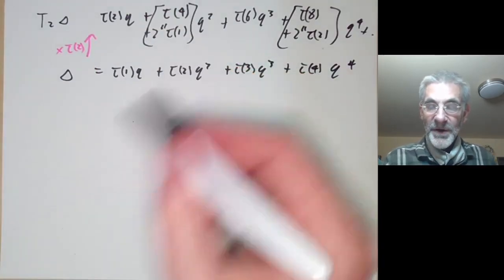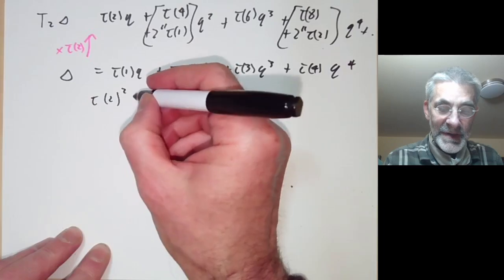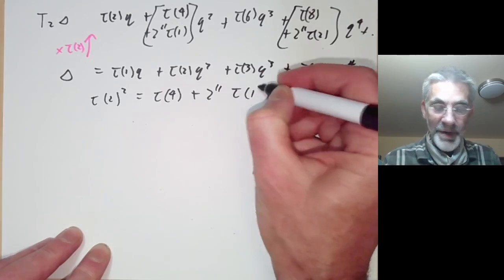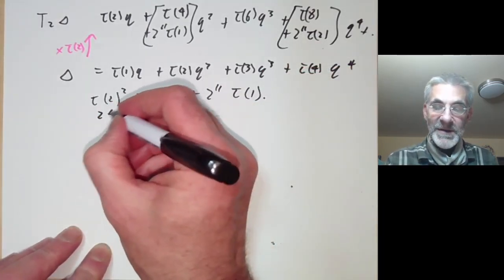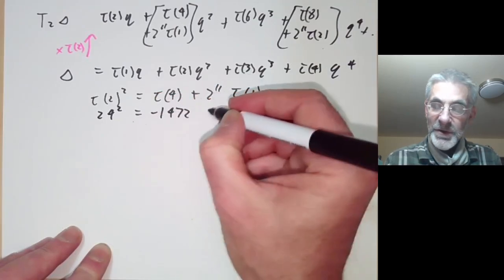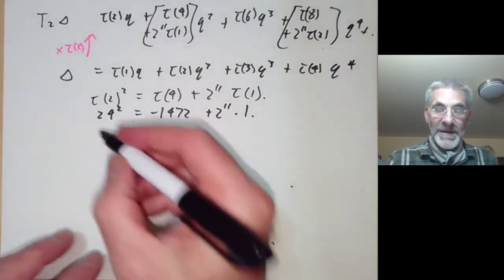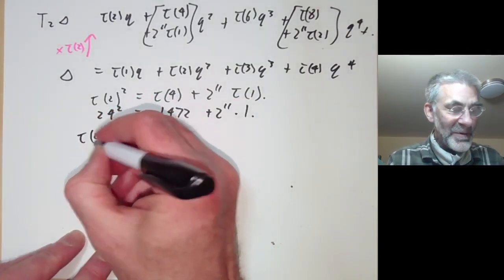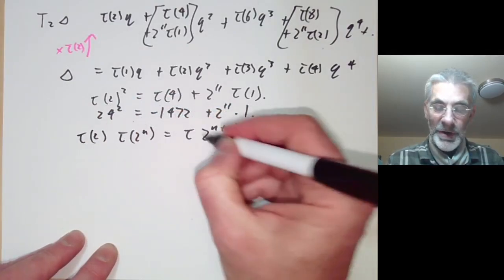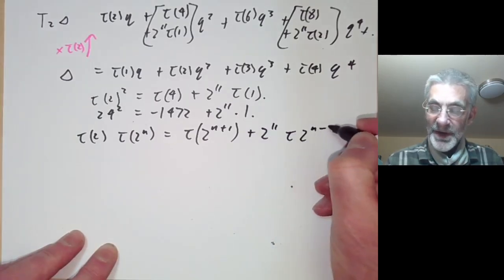So now if we look at the coefficient of q squared, we see that tau 2 squared is equal to tau 4 plus 2 to the 11 tau 1. And let's just check this. That says 24 squared is equal to minus 1472 plus 2 to the 11 times 1. And more generally, we get the relation tau 2 times tau of 2 to the n is equal to tau of 2 to the n plus 1 plus 2 to the 11 tau of 2 to the n minus 1.